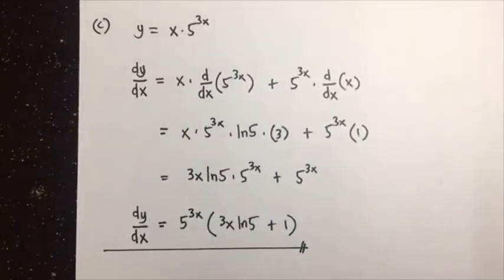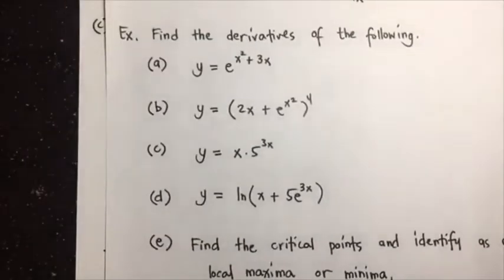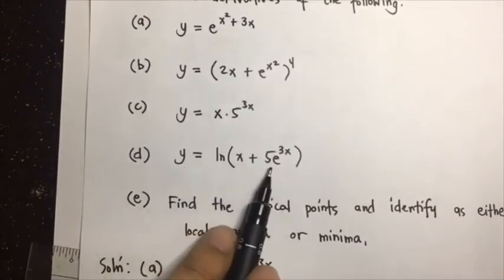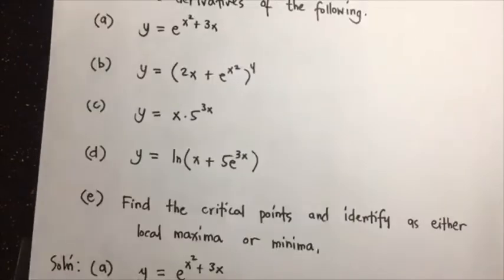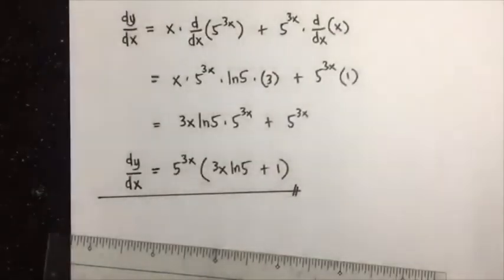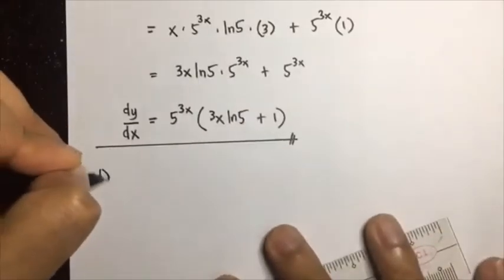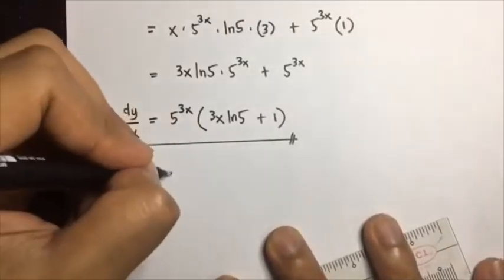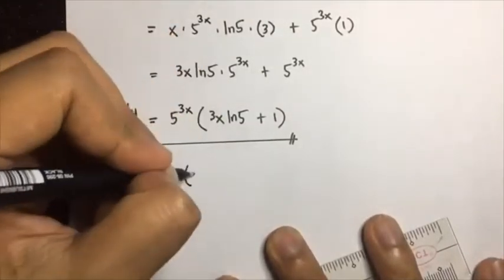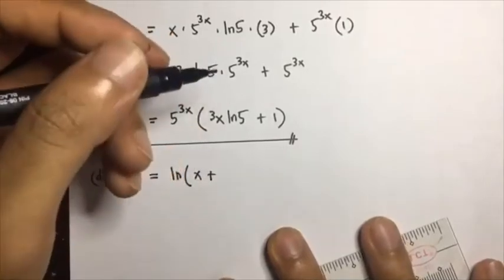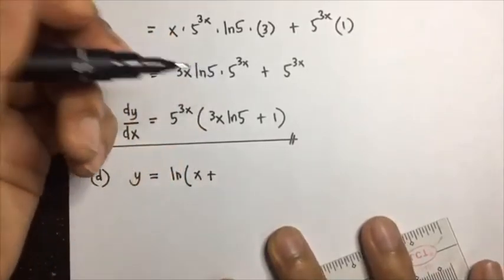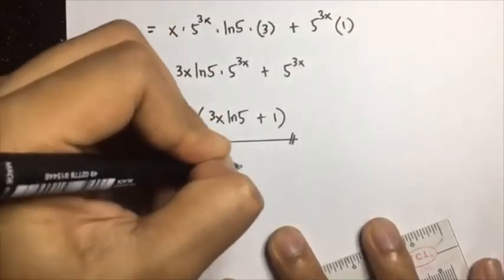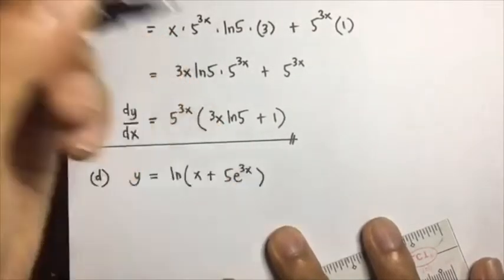Okay, so for the fourth example, we have y is equal to ln of (x plus 5 e raised to 3x). Y is equal to the natural logarithm of x plus 5 e raised to 3x.